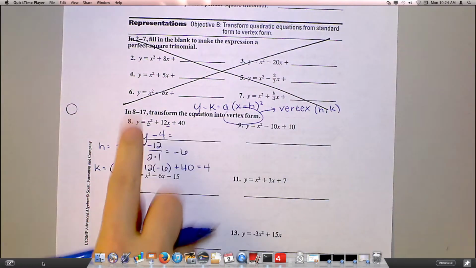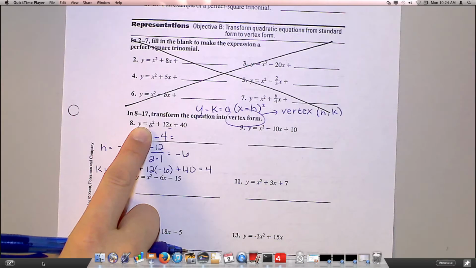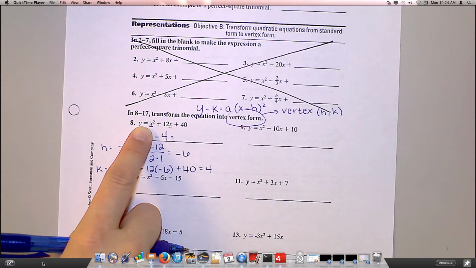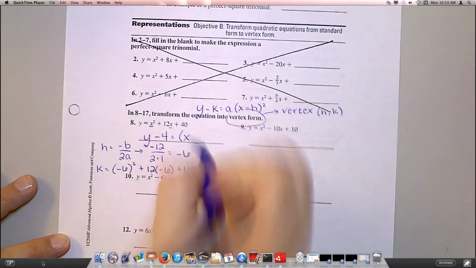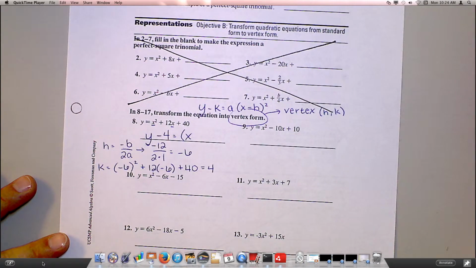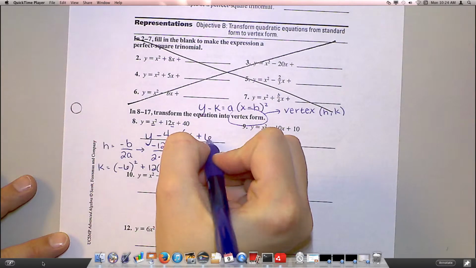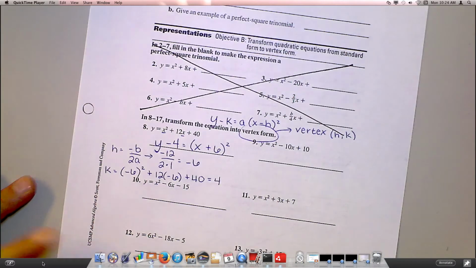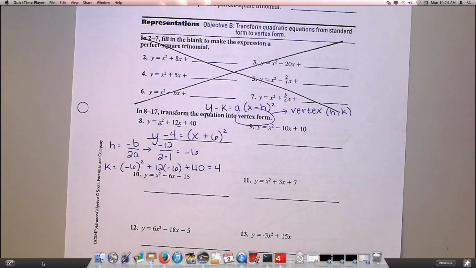My A value is the same A value that was right here, and that's just a 1. Okay, so do I have to write it? No, it wouldn't hurt if you did, but you don't have to write it. And then I would say X what? Plus 6, because it would be minus negative 6, so it's really plus 6 squared. And that would be your final answer. Y minus 4 equals X plus 6 squared. Okay?